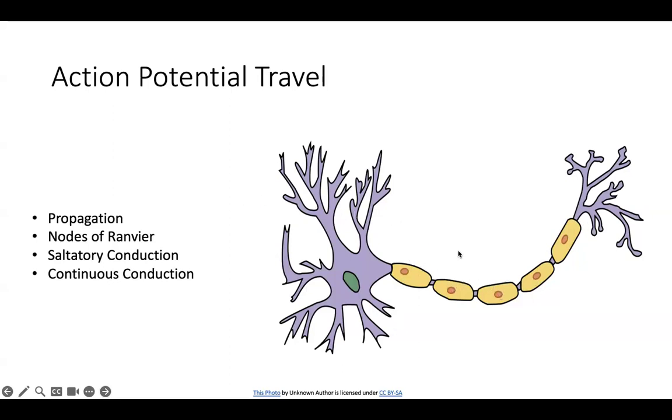So this means of travel is much quicker than the alternative. The alternative happens when there are none of these myelin sheaths, and you just have this axon right in here. And that's where you get this continuous conduction. The action potential begins here at this axon hillock and just continuously flows down through this axon.